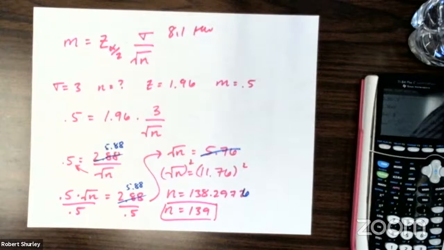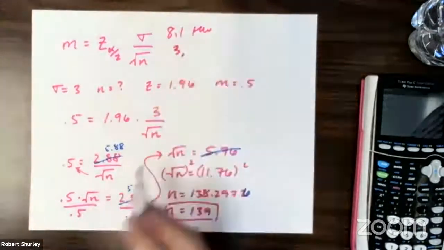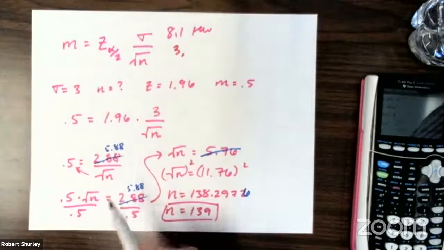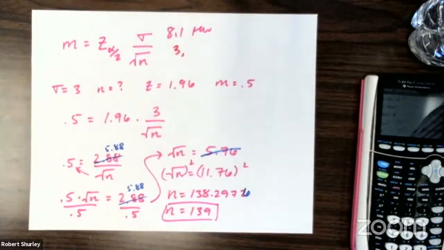I want you to do number 3. You need to do that one by hand, where it gives you the standard error and the confidence level, and you've got to find the margin of error. Number 4, that's page 362.